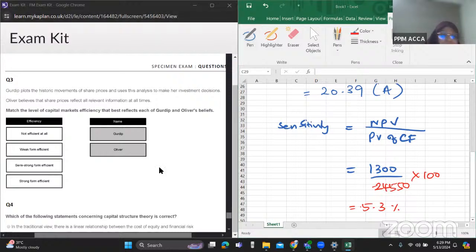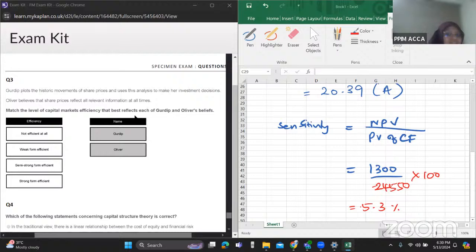Okay, so here now in your exam, basically you will have to do like a matching situation. Question 3 is saying, Gurdip plots the historic movements of share prices and uses this analysis to make her investment decisions. So she takes decisions based on what the share price was in the past.